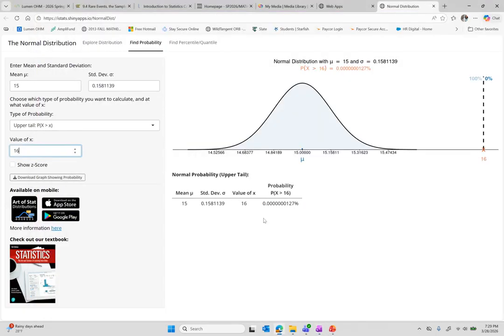And again, here I am asking for an upper tail, and I'm asking for this value of x to be 17, but I want 17 or greater. That's why we are selecting the upper tail. Now remember that I was getting an error because Art of Stat was not able to calculate that far away from the theoretical normal distribution.